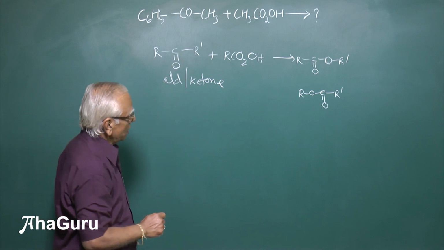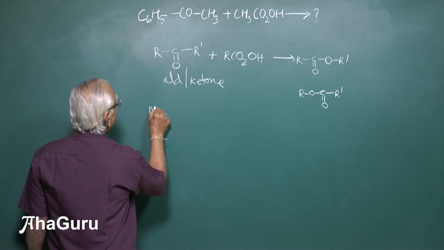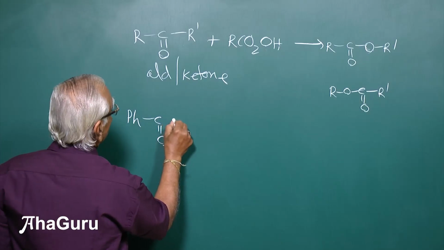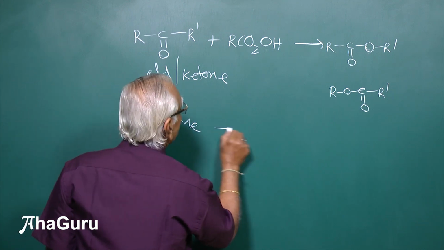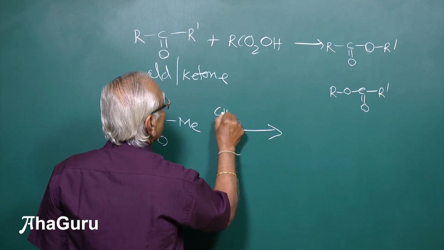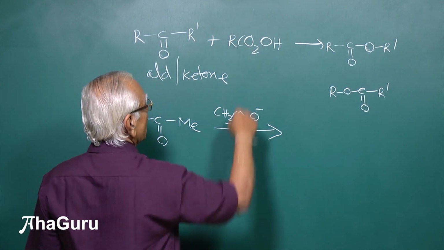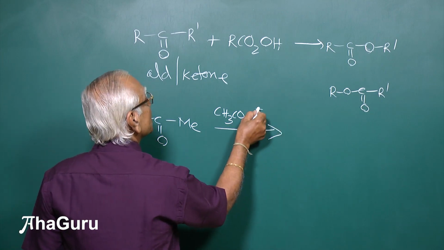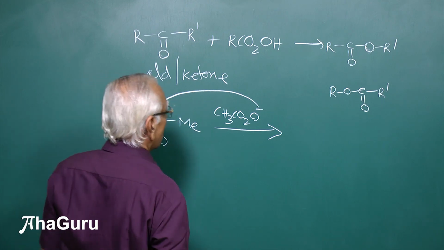Now, let us see the product after the rearrangement. Let me write C6H5 as the phenyl, C double bond O, and this is a methyl here, CH3. Now, I add CH3CO2O minus. Assume that this is going to be dissociated into anion plus H plus ion, and this anion of the peracid acts as the nucleophile.